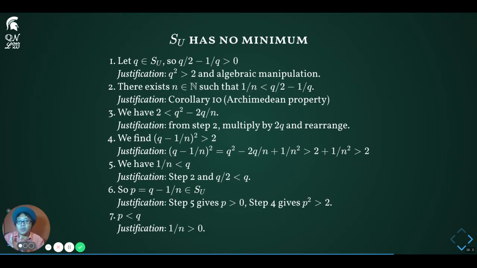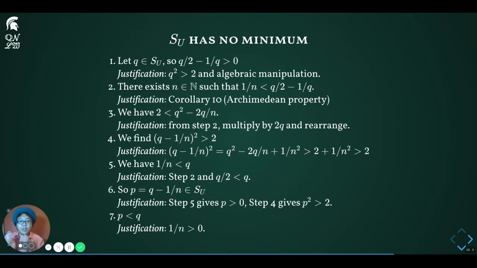This follows as q is positive and q squared is at least 2. Since this quantity is a positive rational number, we can apply the Archimedean property of rationals to find a natural number n so that 1 over n is less than q over 2 minus 1 over q.